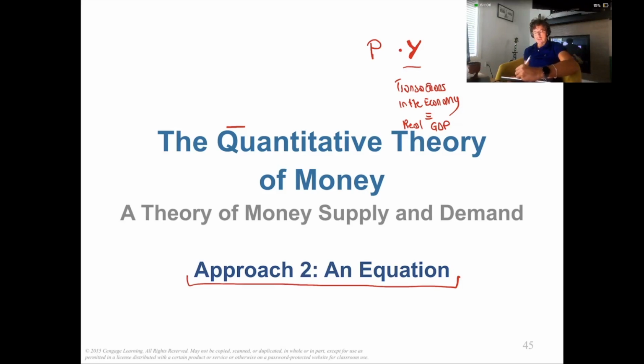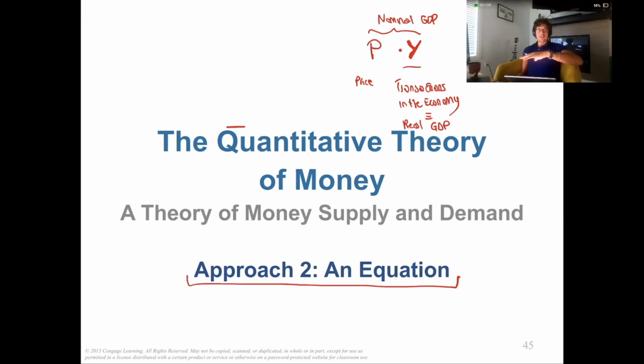Now, P is equal to the price. It tells you the value of this transaction in terms of money. And by the way, P times Y is equal to the nominal GDP. So these are the amount of transactions in the economy.